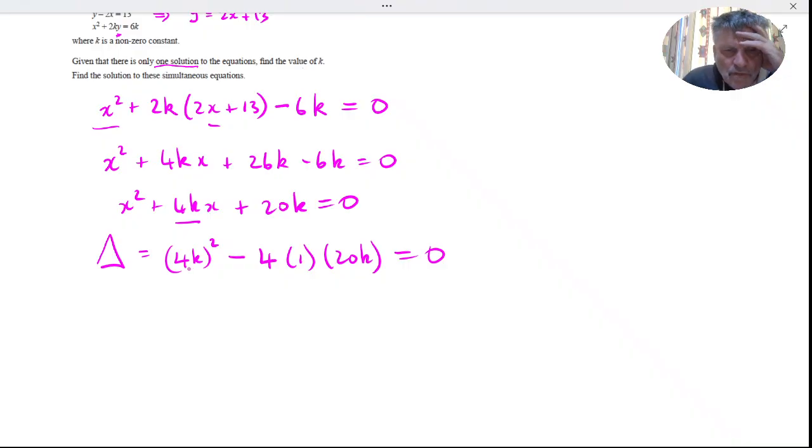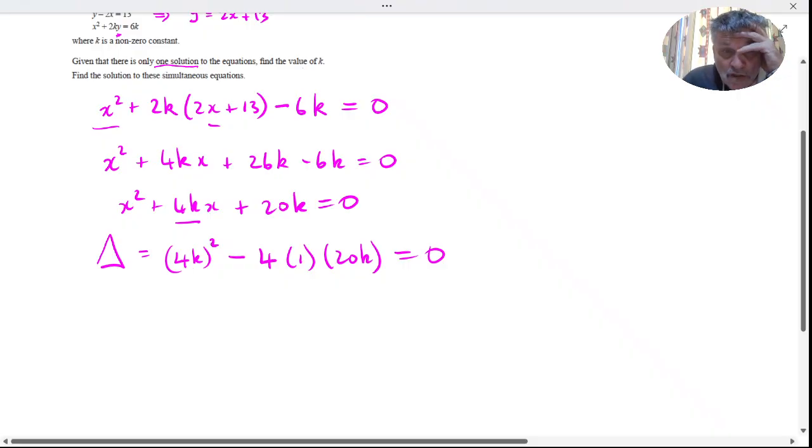I can see straight away that 4 squared is going to be a common factor. That's 16, because I've got a 4 here, and 4 also divides into 20. And k is a common factor because there's k squared here and there's k here, so I can take that common factor out. I'm going to be left with 1k here. Over here, I'm just going to be left with 5.